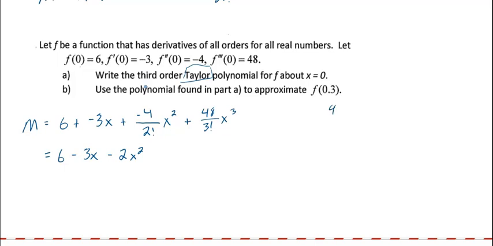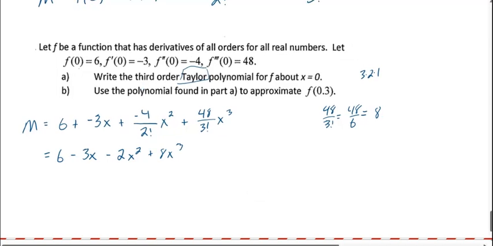And then 48 over 3 factorial is 48 over 6, because 3 factorial is 3 times 2 times 1, which is 6, which gives me 8 because 48 divided by 6 is 8. So this next one gives me plus 8x cubed. That's the answer for part A.